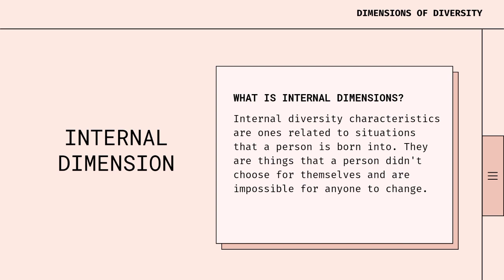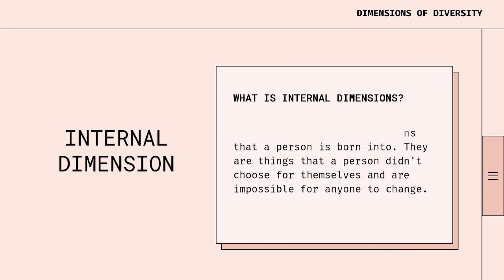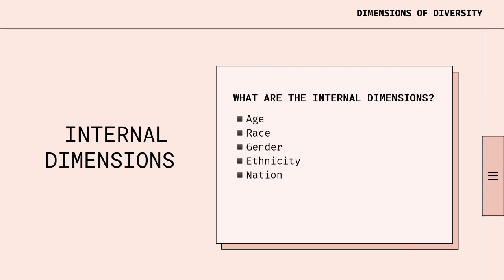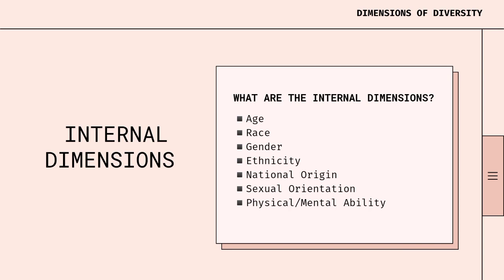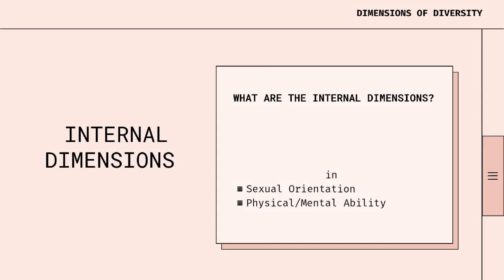So, in this dimension, an individual has no control over these characteristics. These characteristics are assigned by birth. Some of the internal dimensions are age, race, gender, ethnicity, national origin, sexual orientation, and physical or mental ability.